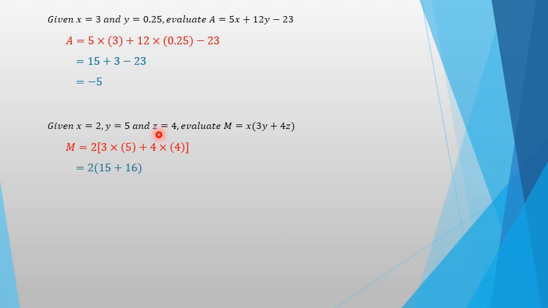So it's 2 into 3 times 5, its answer is 15, and 4 multiplied by 4 is 16. Now we have multiplication and parentheses. Priority goes to solve what's inside parentheses. So 15 plus 16 is 31. M equal 2 times 31, which is 62.